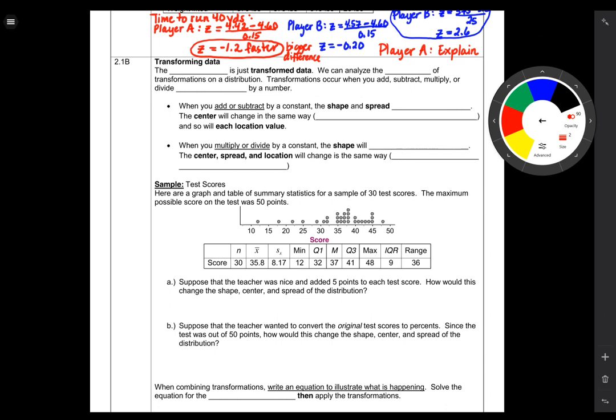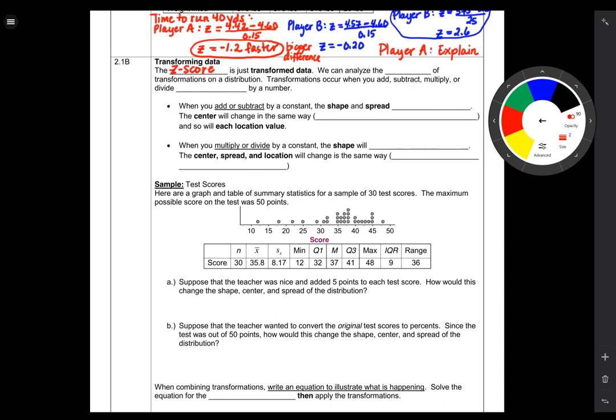2.1B is just on transformations. It's super short and it just covers the rest of 2.1. Okay, so transforming data. The z-score is just transform data.